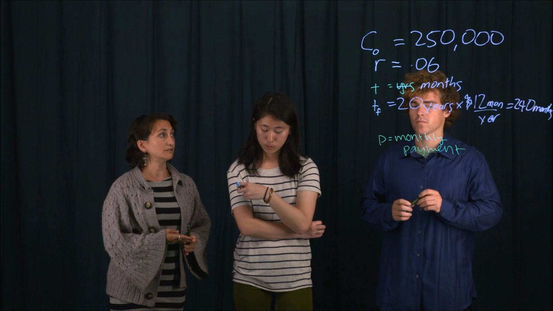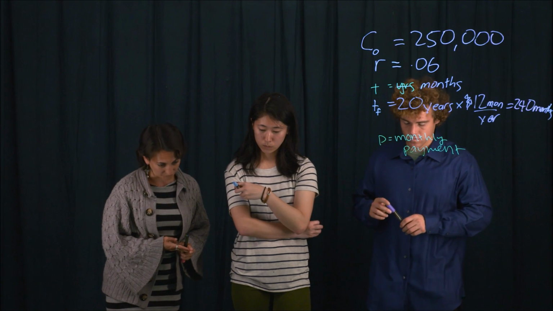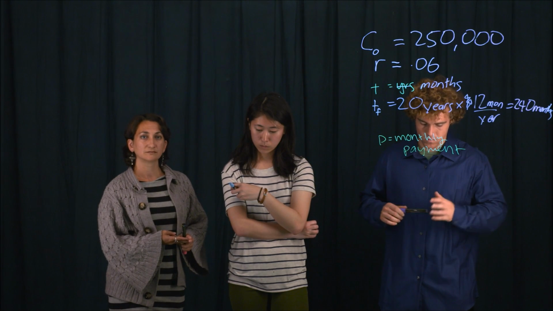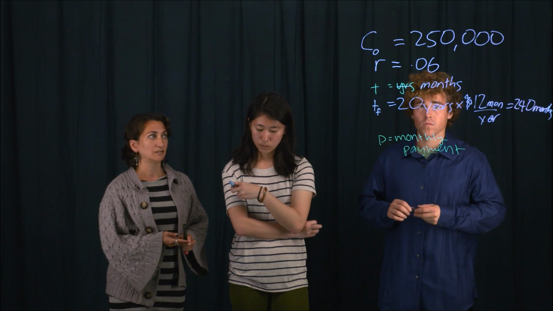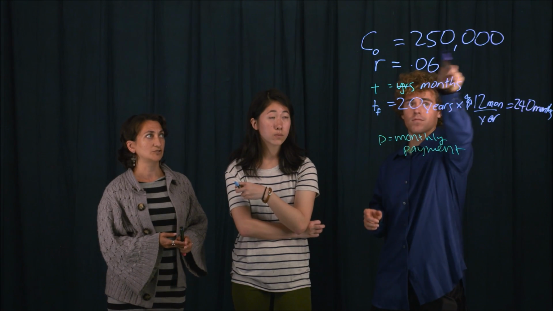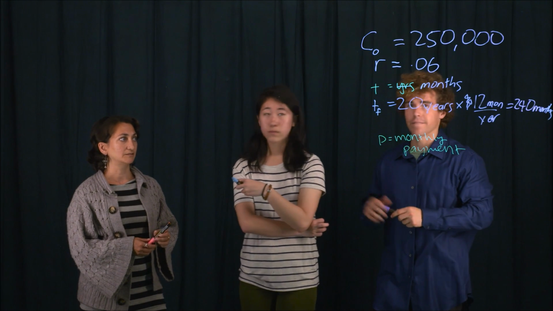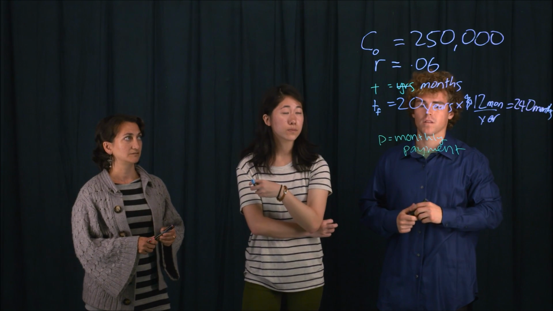The interest rate is compounded continuously. Okay, so if it gets compounded, where does that interest get added to? It is going to get added to the total. So the total is also going to be a variable then. Excellent.